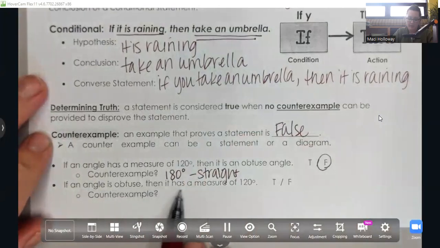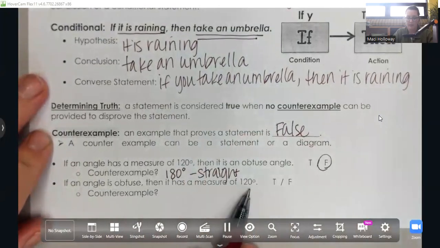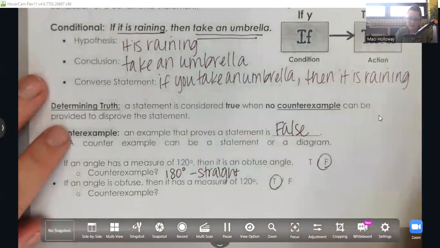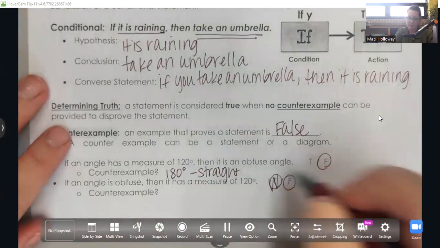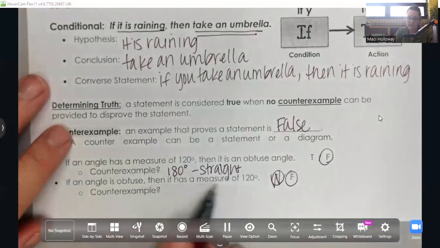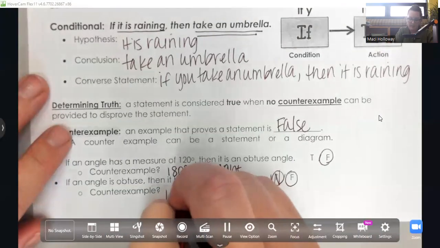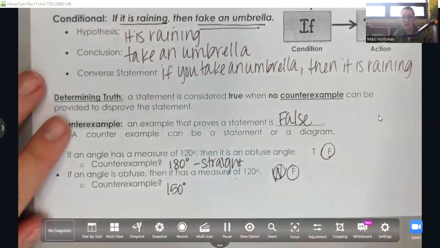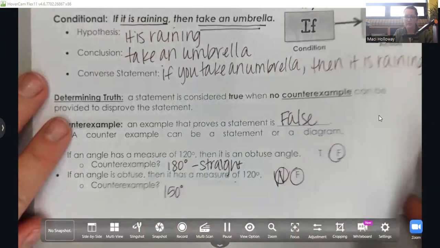If an angle is obtuse, then it has a measure of 120. Well, that is true. There's not a counterexample. Oh, nope, it's false, because what about something that's 150 degrees? That's still obtuse, right? But it doesn't have a measure of 120. So we found a counterexample for both of those.